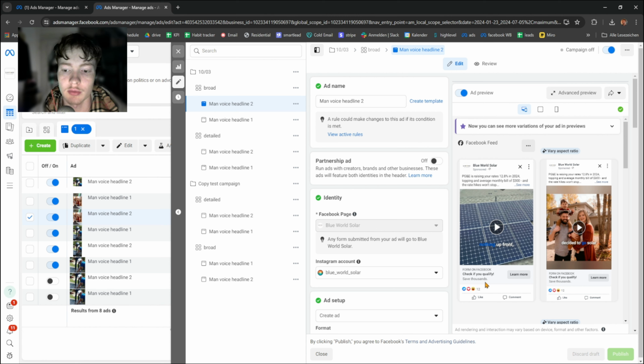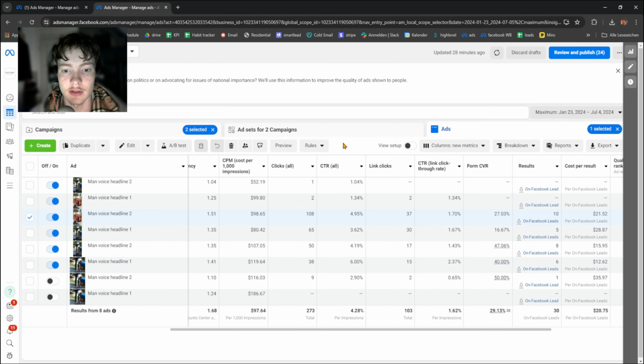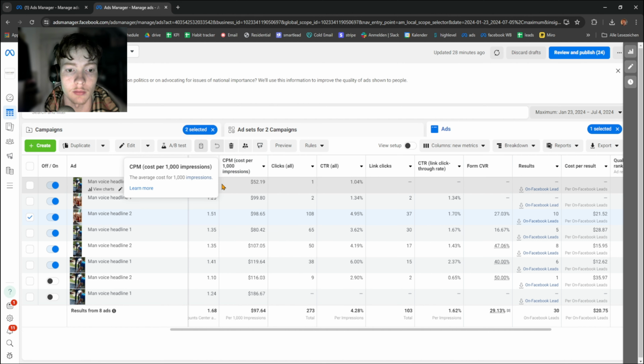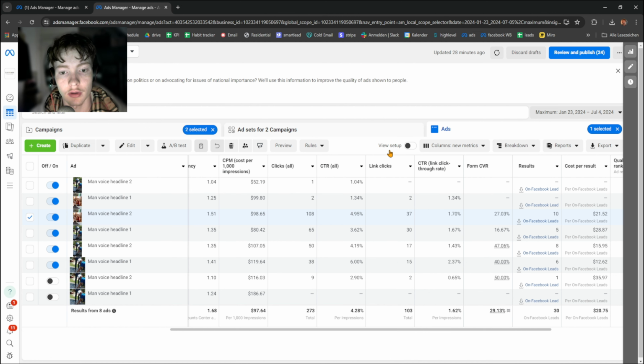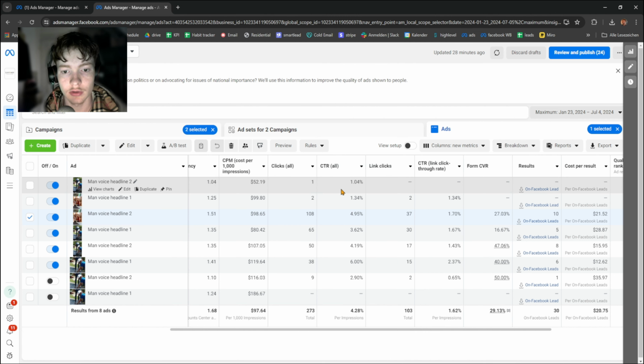When people engage with the ads and like them and put those emojis on there, share them with their friends, this is all clicks, and this will indicate to Facebook that this is a good ad that people like to see. So it will show the ad to more people. So your CPM will be lower, you will reach more people for your money, and you will get more leads. So you really want to try to get your CTR all up.